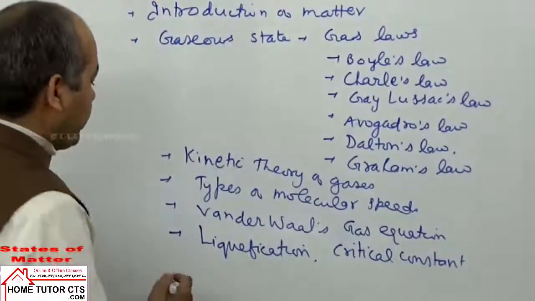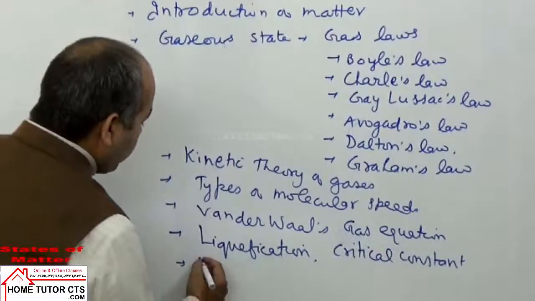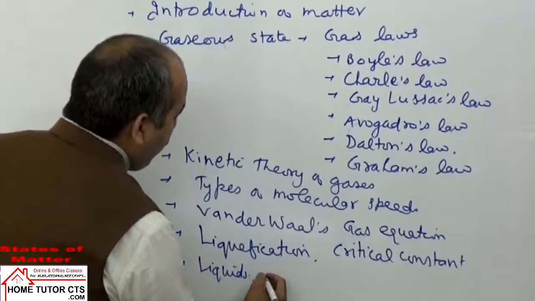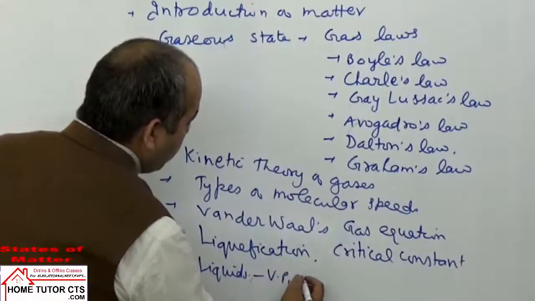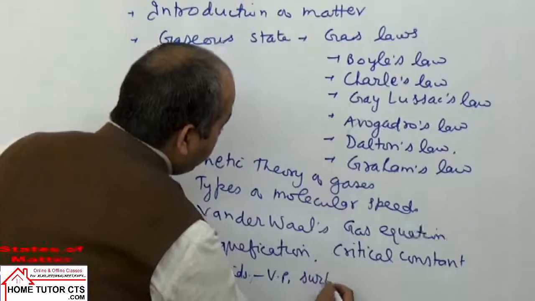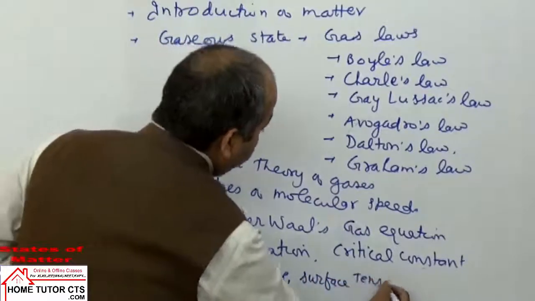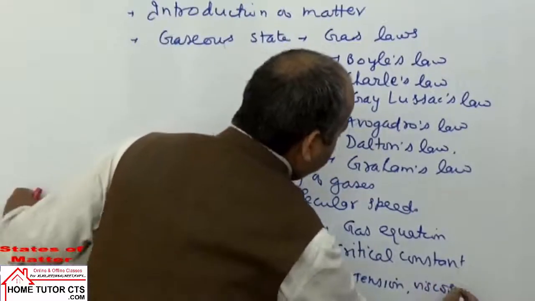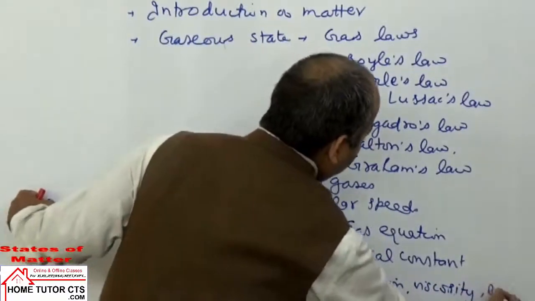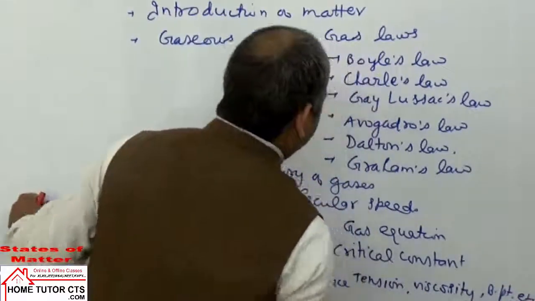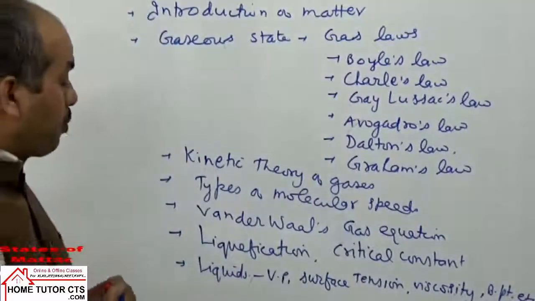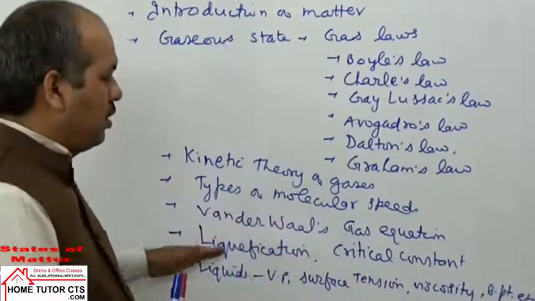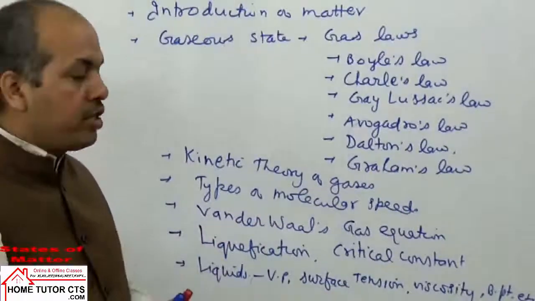And then about liquid states, some properties of liquids we can discuss. Like we take properties of liquids: vapor pressure, surface tension, viscosity, boiling points, etc. So there are different properties of liquids about which we will discuss in brief, the basic variation, how they can change on changing pressure or temperature.